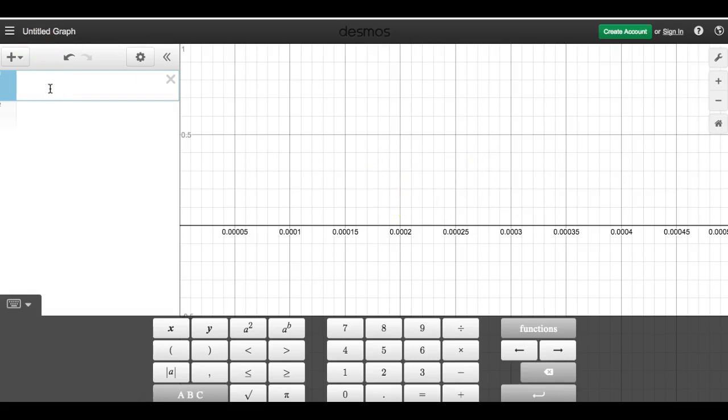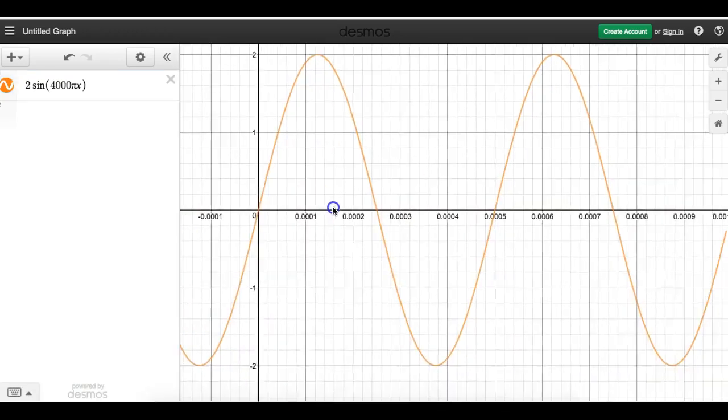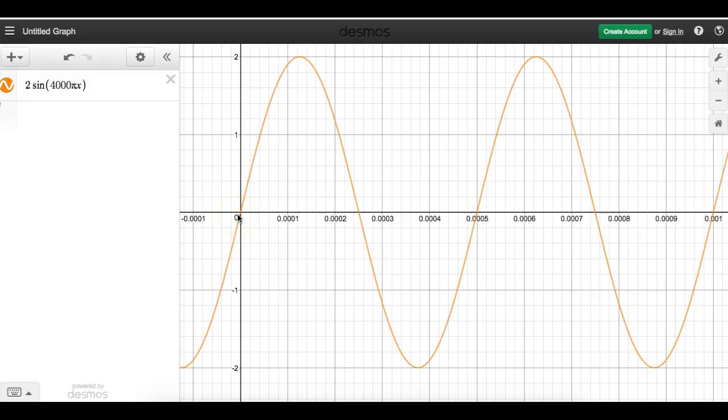And let's do this again. We've got 2 sine of 4,000 pi x. Look what we have now. Here we can actually see our sine function graphed. And look what we're doing. One interval here goes from 0 to 0.0005. That's 1 over 2,000. So you can see this looks just like our sine curve that we've been working with.